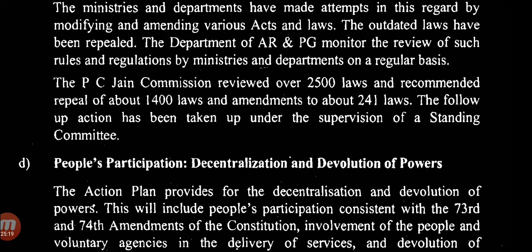The outdated laws have been repealed. The Department of AR and PG monitors the review of such rules and regulations by ministries and departments on a regular basis. The PC Jain Commission reviewed over 2500 laws and recommended repeal of about 1400 laws and amendment to about 241 laws. The follow-up action has been taken up under the supervision of a standing committee.